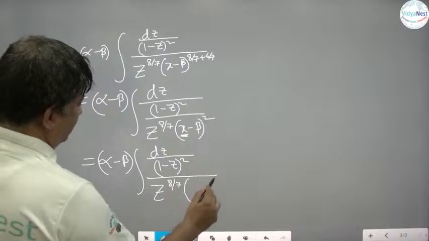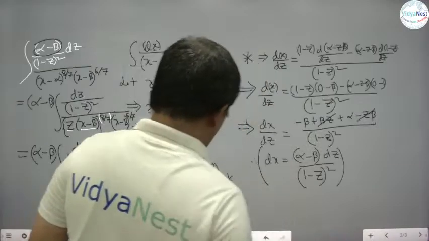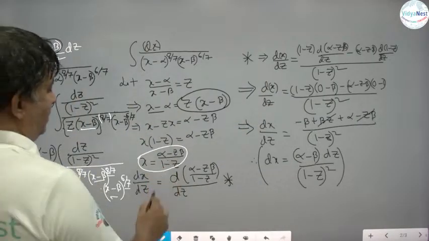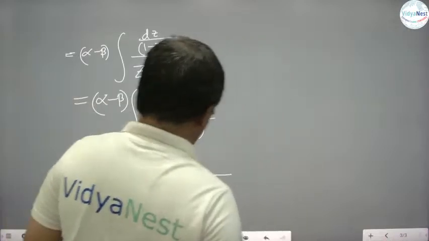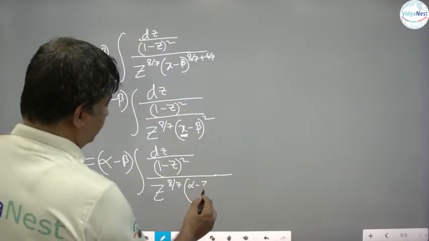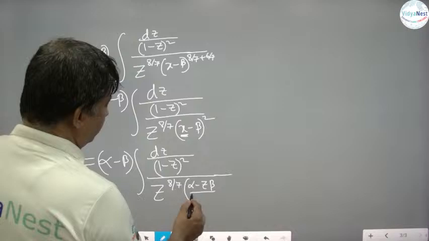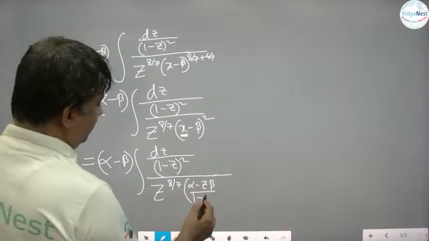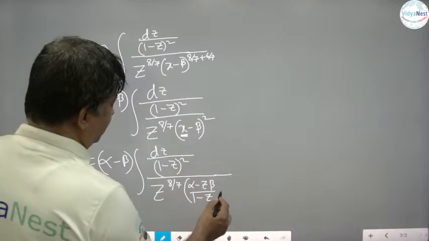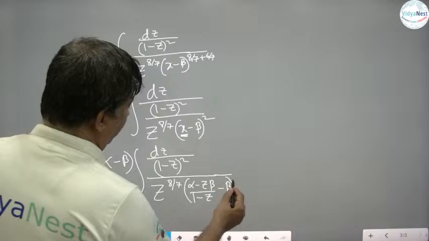In place of x, alpha minus z beta by 1 minus z, alpha minus z beta by 1 minus z minus beta.